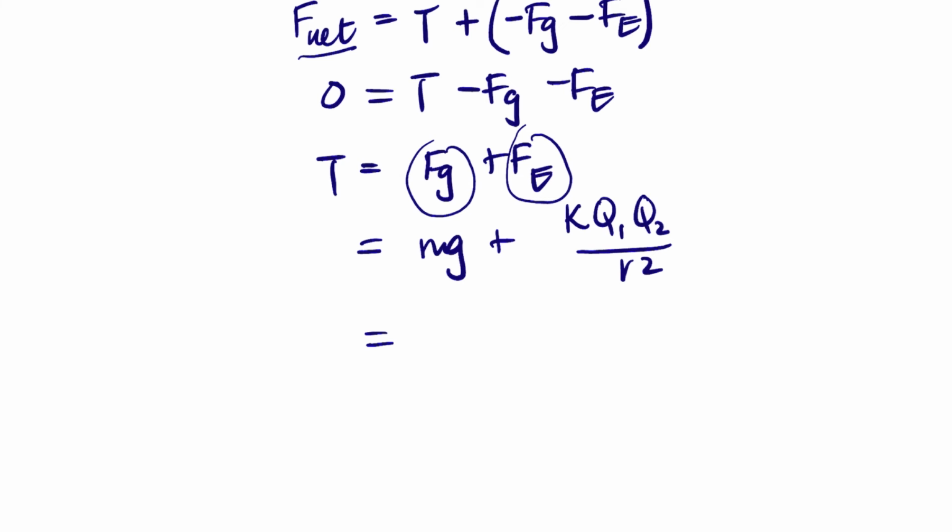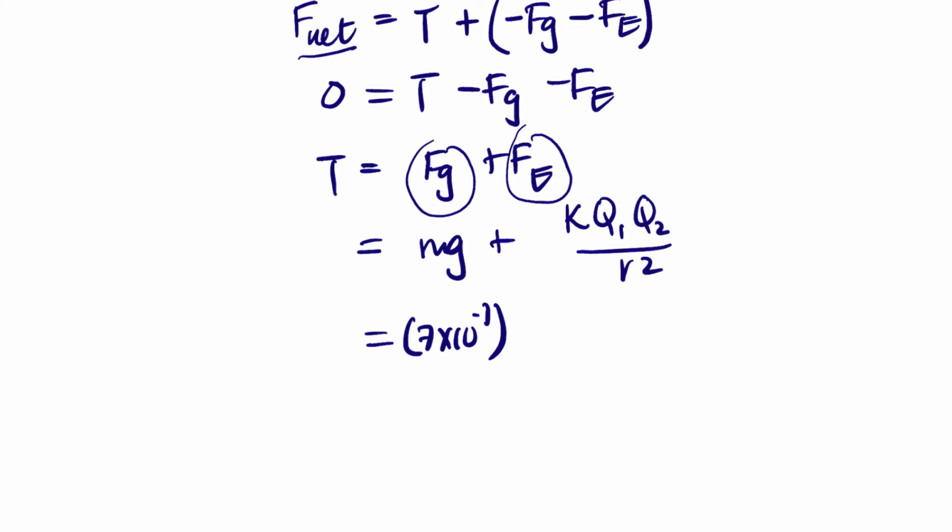And then the mass, we're told that the mass is 7 grams. The 7 grams is 7 divided by 1000. You have to change it into kilograms. So it's going to be 7 times 10 to the power negative 3.